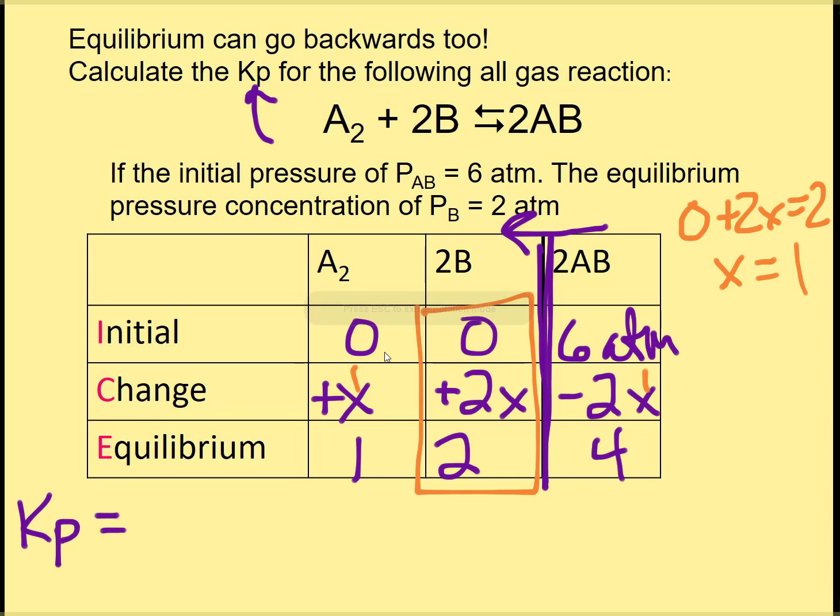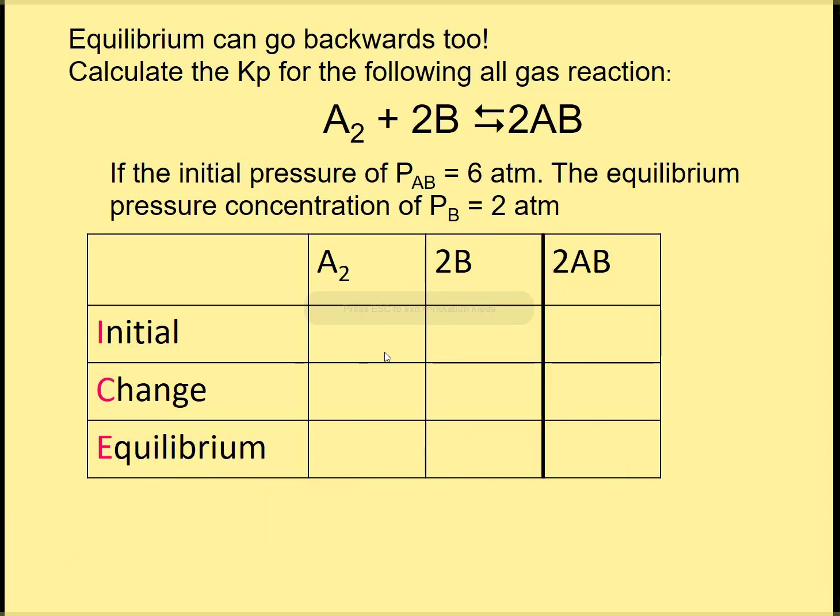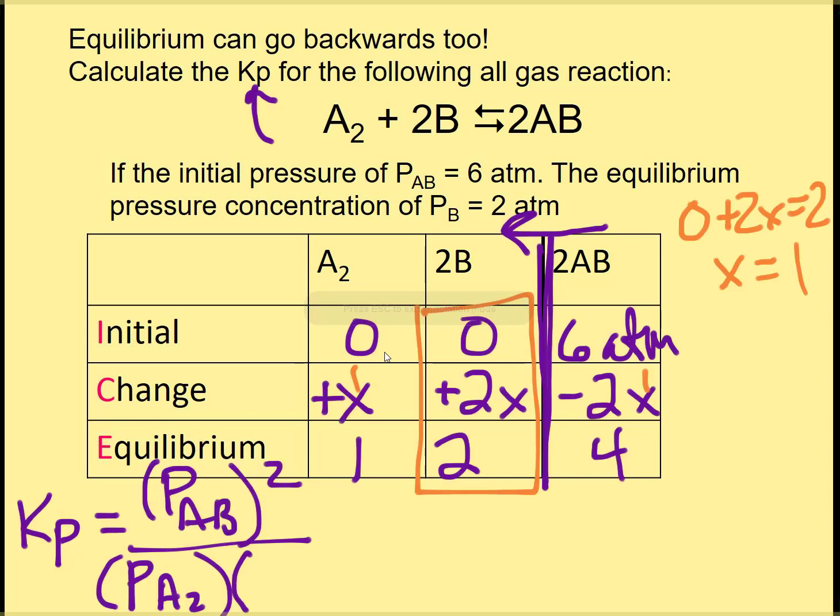So my Kp, again, products over reactants. So if it's a P, I need to have parentheses, I need to have pressure. So the pressure of AB, and it's squared, divided by the pressure of A2 multiplied by the pressure of B, and that one is squared. So let's go ahead and plug our numbers in.